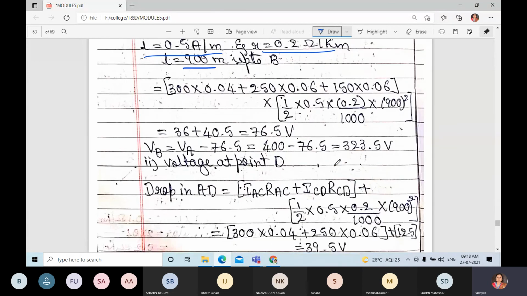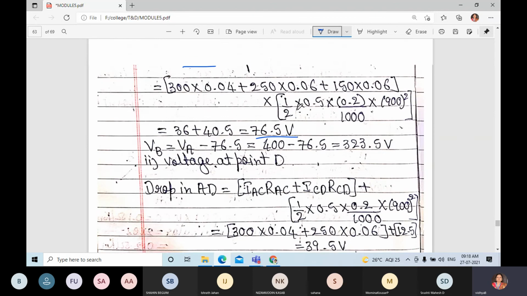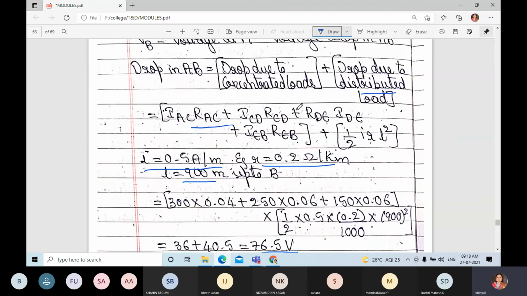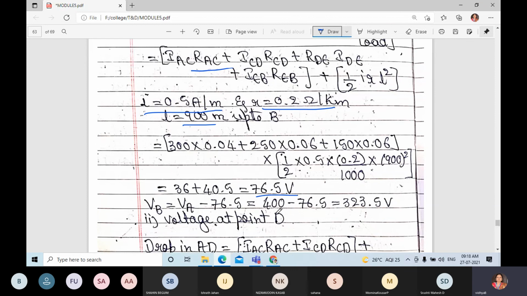Just substitute and you'll get 76.5 volts, that is the voltage drop in AB. So VB is equal to VA, that is 400 minus the voltage drop between A and B, 76.5. You will get 323.5 volts, that is the voltage at B.